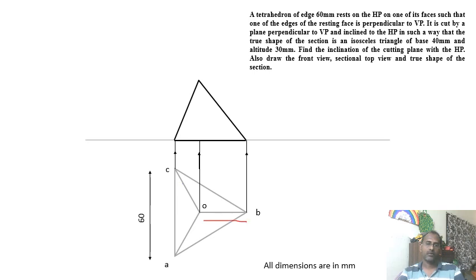So after dropping the vertical projectors like this, I will draw the axis line and then with B dash as center, I will make a cut here so that I will get the height of the solid and then I can complete the front view of the solid.